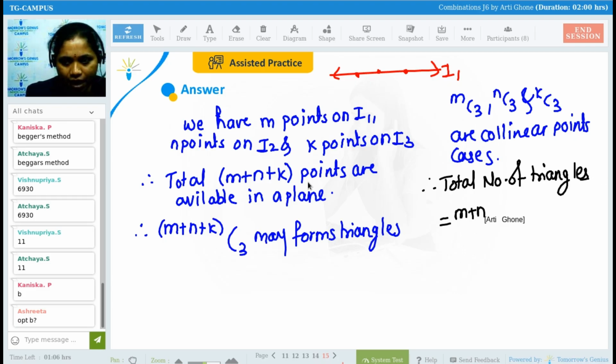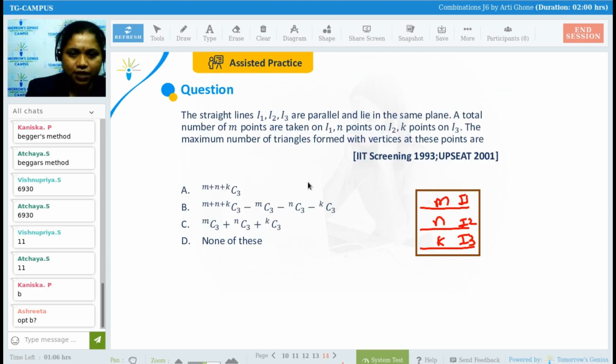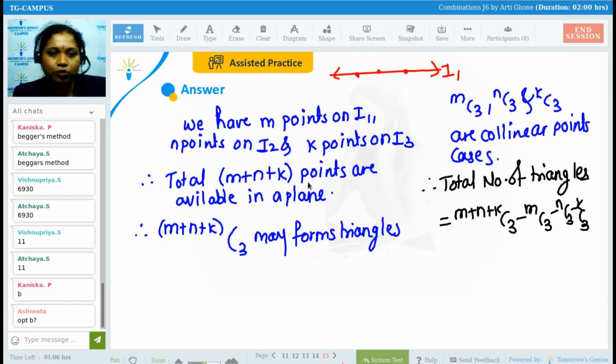It is (M plus N plus K)C3 subtracted with MC3, NC3 and KC3. Clear? So the correct explanation for this one is this, and option B is the correct one, because M, N and K are the collinear points. They are not forming triangles at all. Clear? Okay.